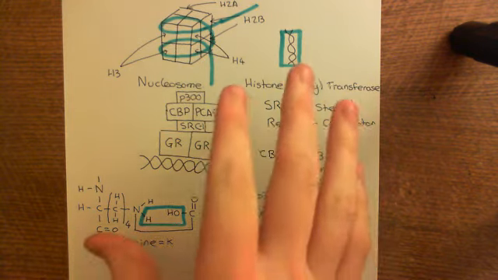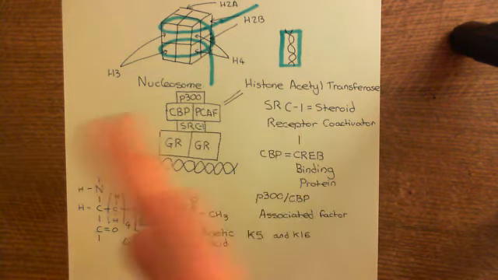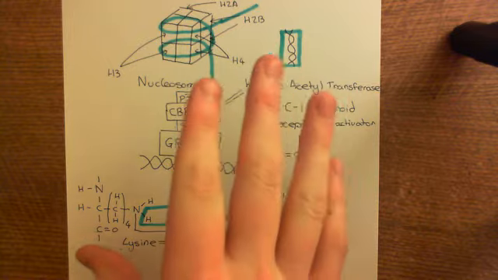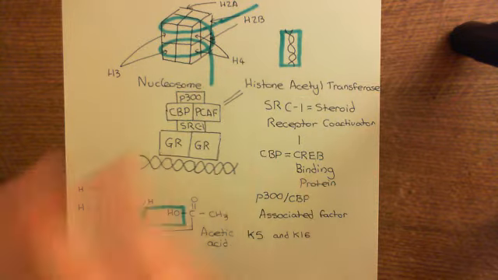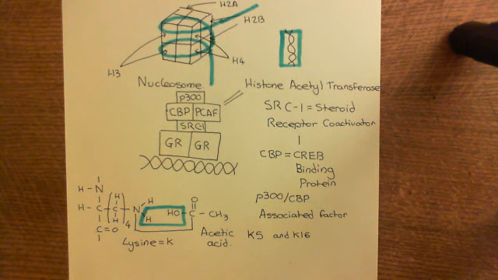So this is a mechanism for increasing the expression. Of course, if we're trying to repress the expression, then this isn't a valid mechanism, but this is another way that glucocorticoid receptor dimers are going to increase the expression of certain genes.